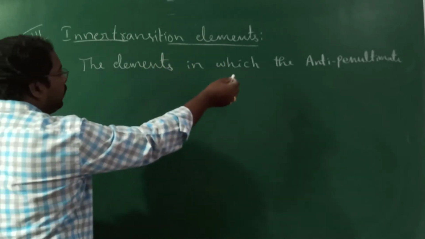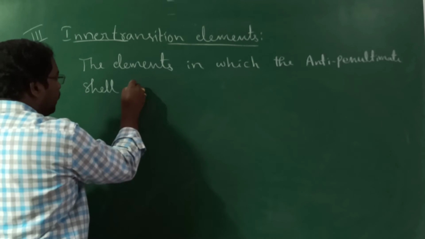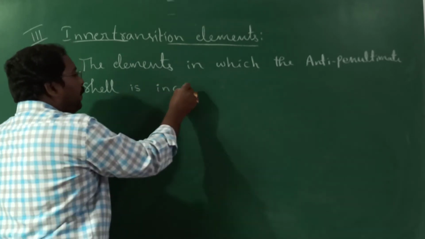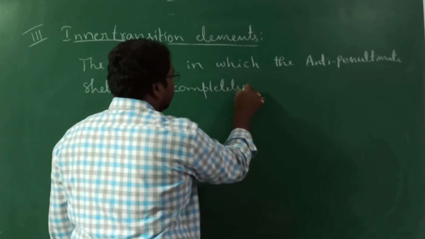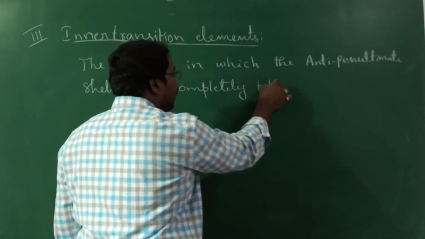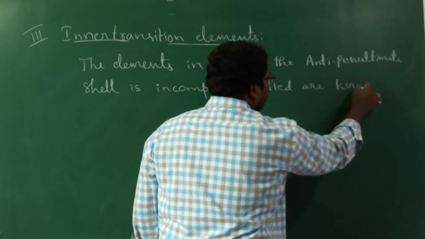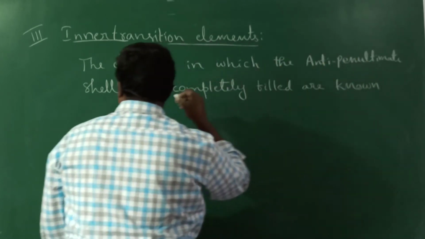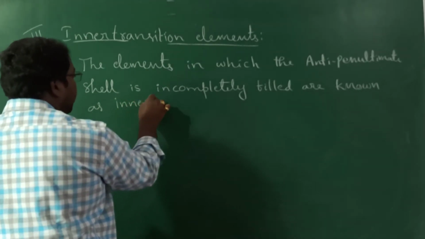So the elements in which the anti-penultimate shell is incompletely filled are known as inner transition elements.